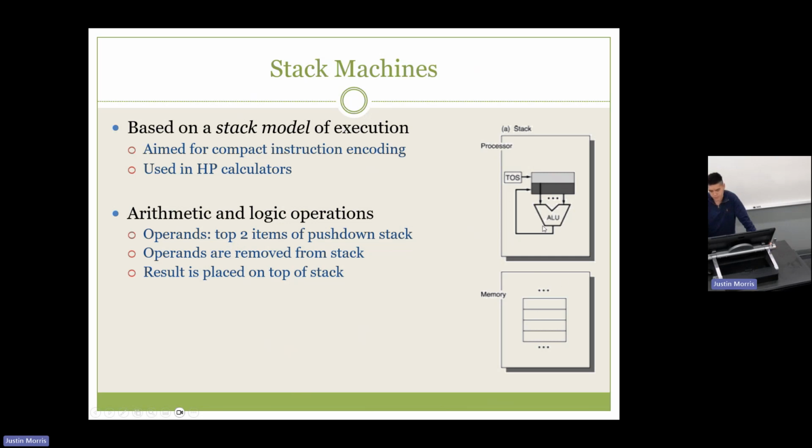So I'm always going to operate on these top two items and nothing else. So that means in my instruction, I never have to specify what my two operands are. This is why it can be compact instruction encoding. So the operands are removed from the stack and the result is placed back on top of the stack.